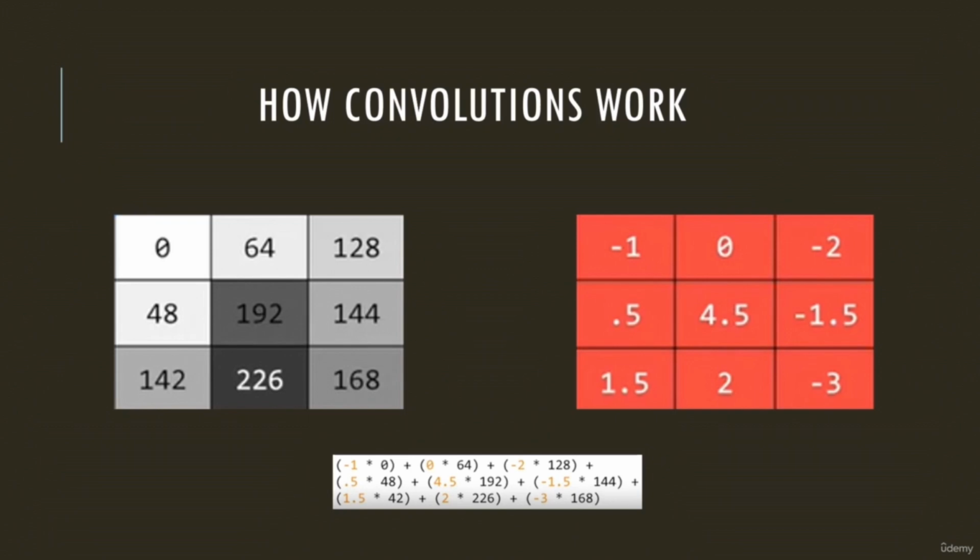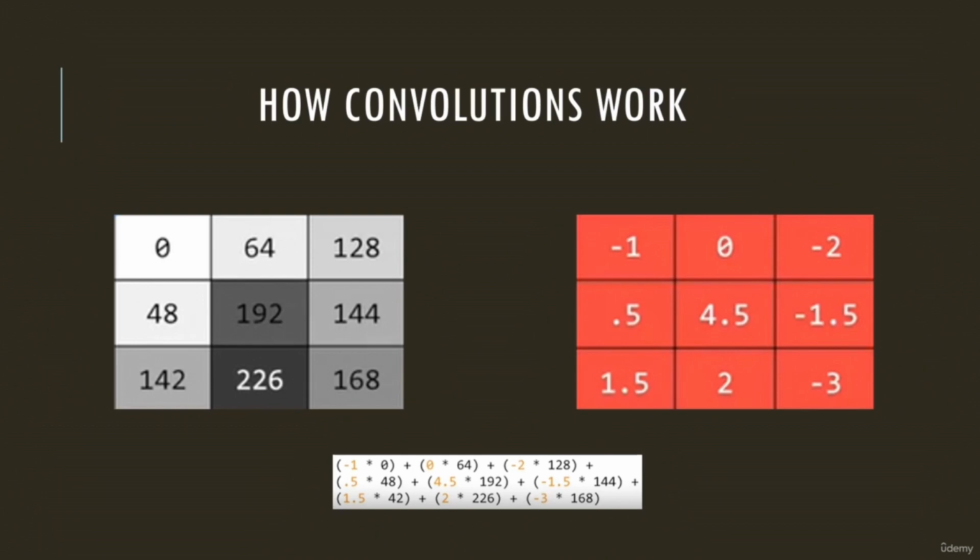The upper left value of the filter is -1. So we can multiply 0 by -1. Then we could do the same for the upper neighbor, its value is 64 and the corresponding filter value is 0. So we multiply those out. Repeat this for each neighbor and each corresponding filter value. And then we have the new pixel with the sum of each of the neighbor values multiplied by the corresponding filter value. That's a convolution.